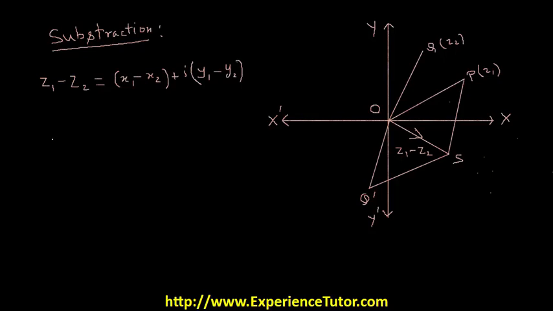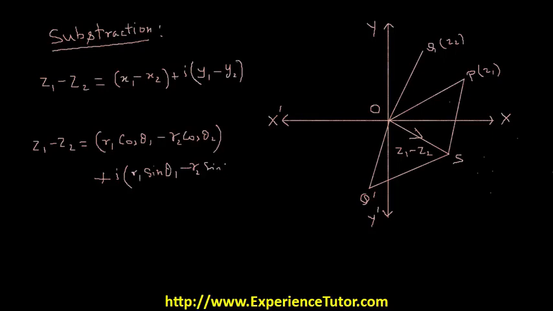In polar form, we can write z1 minus z2 as r1 cos theta 1 minus r2 cos theta 2 plus i (r1 sin theta 1 minus r2 sin theta 2).